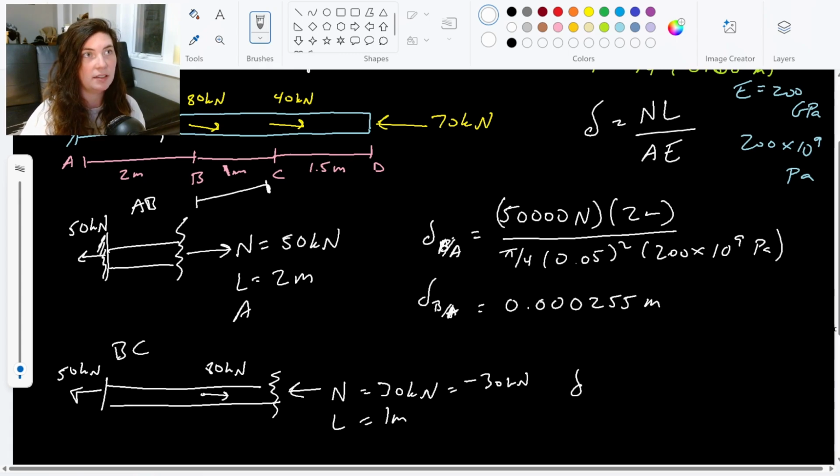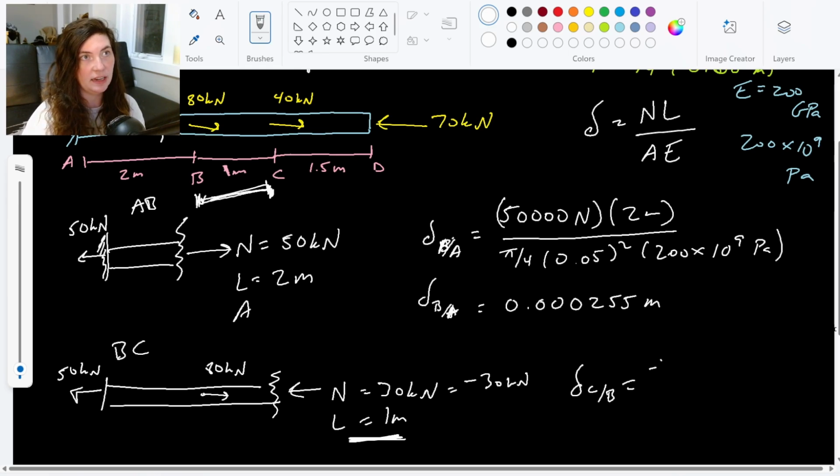So my displacement, now this is displacement of C with respect to B, because we're looking at just the section BC length here, right? This section is the only one that experiences this negative 30 kilonewtons, the only one that experiences this 1 meter length, right? The only reason we included everything to the left of it is so we could calculate what the correct normal force was.